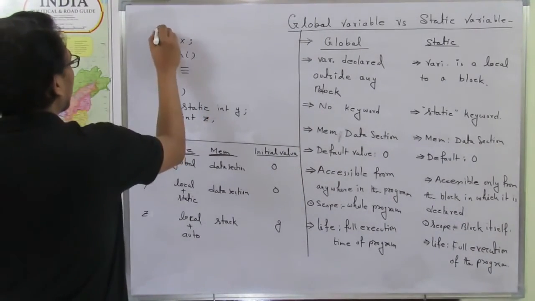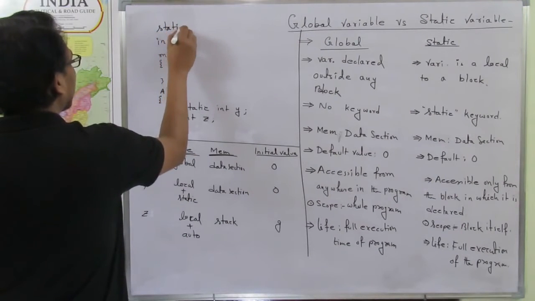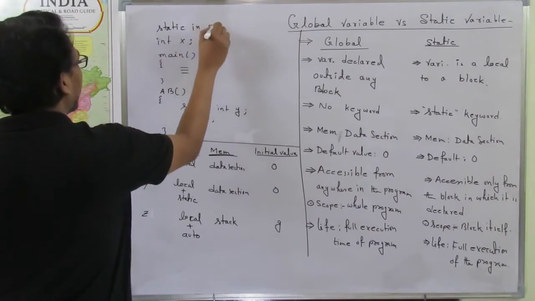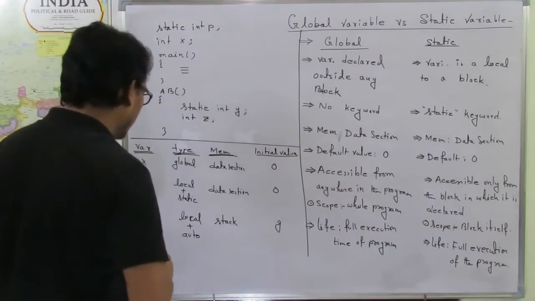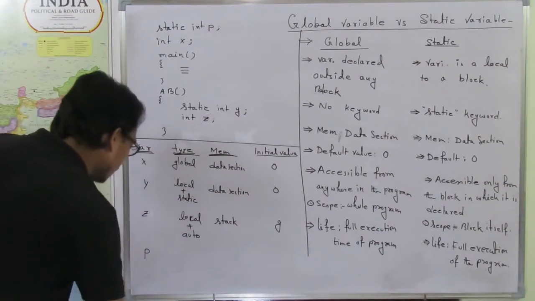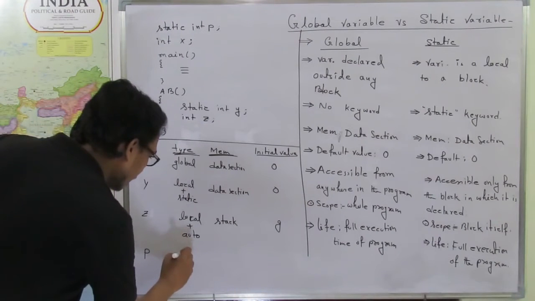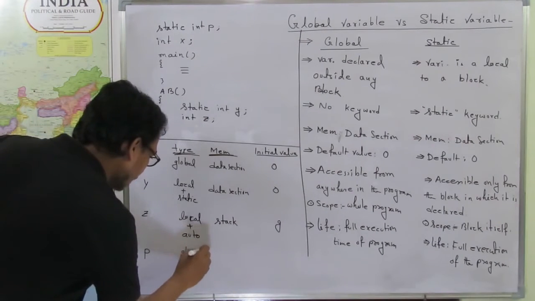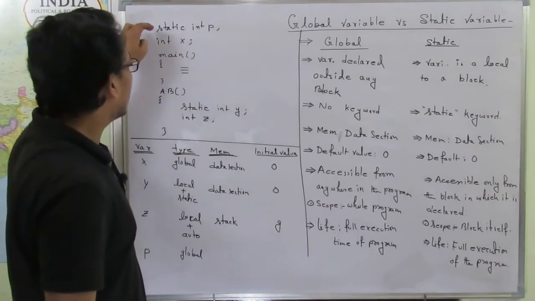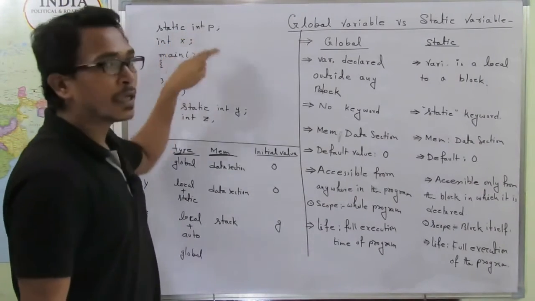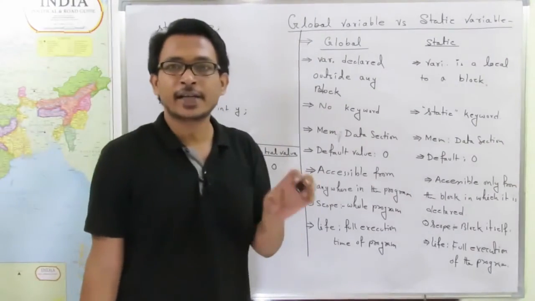Let's say we have one more variable, static int p. Now look here, this is a global variable. For p, which is a global variable, the storage class specified is static.